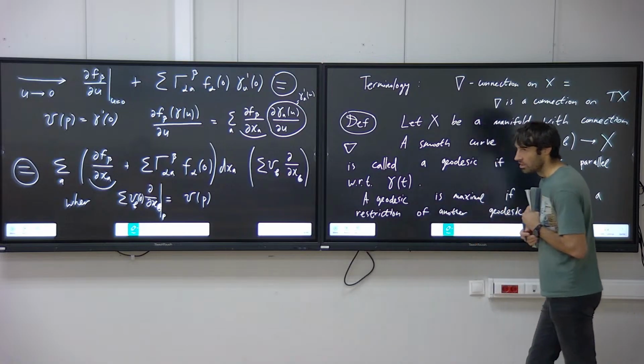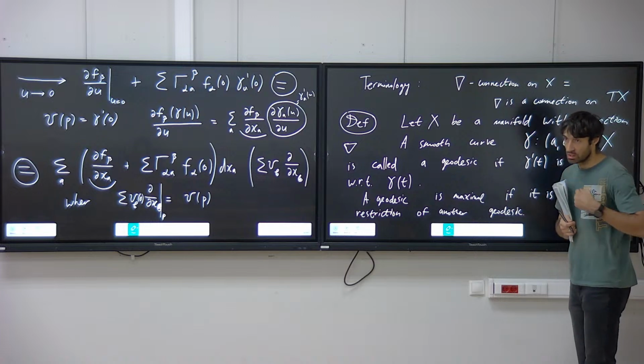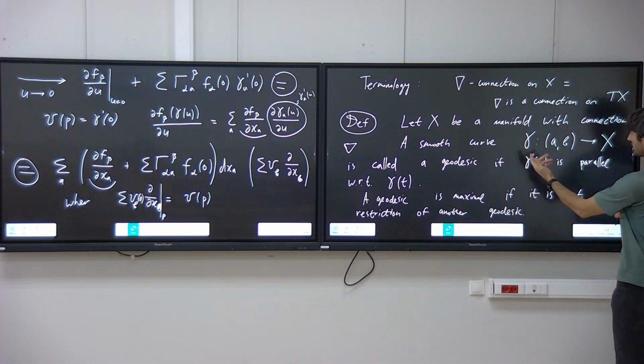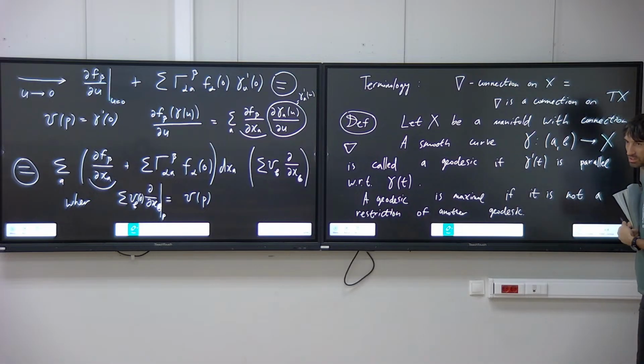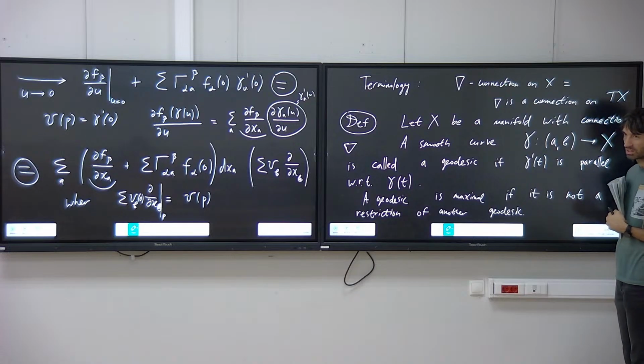Restriction in the sense that the image of one is a subset of the other. So one is defined on a subinterval of the other. Restriction means I restricted to some particular subset of the domain.